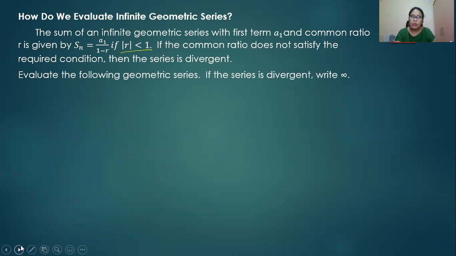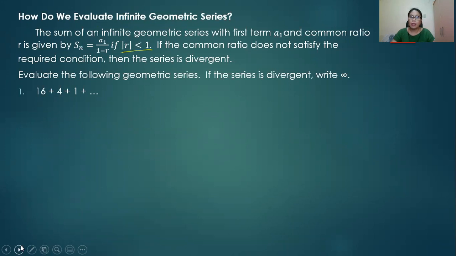Okay, so we're going to evaluate if the geometric series is divergent or convergent. If it's divergent, we write the infinity symbol. For number 1, 16 plus 4 plus 1. We have to check two consecutive terms; the pattern is decreasing, so we can assume that the ratio is less than 1.